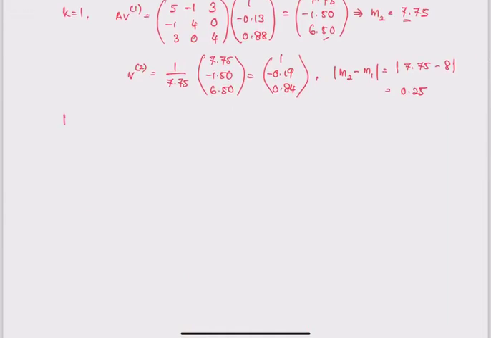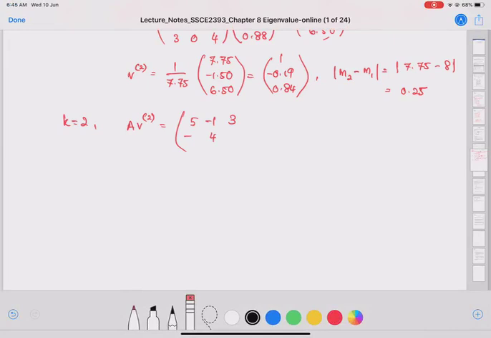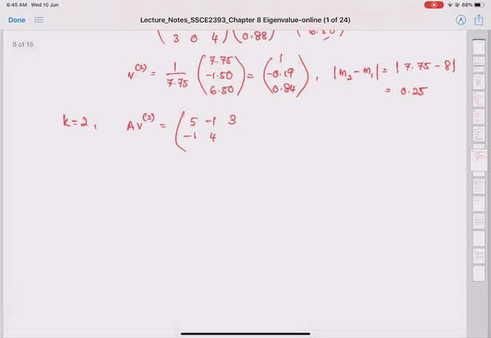And then when k is equal to 2, we need to determine A multiplied by V2, so that we have 5, negative 1, 3, negative 1, 4, negative 1, sorry, 0, and then 3, 0, 4, multiplied by V2, which is 1, negative 0.19, 0.84.